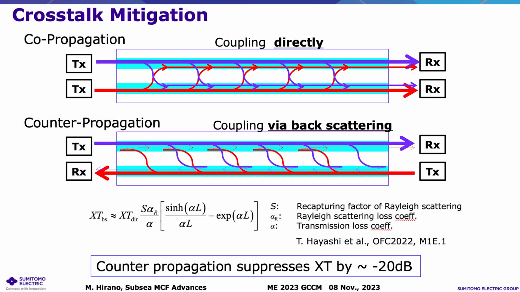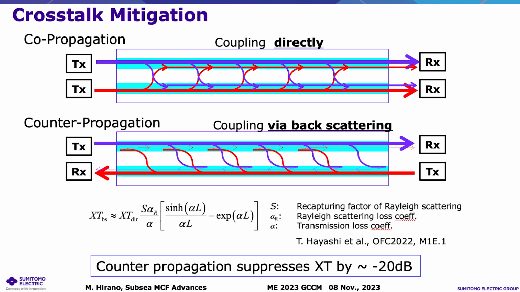If the signals transmit in parallel in each core, the coupled signal will become noise directly. But if the signals propagate in opposite directions in each core, then it first couples to the other core, then back scatters.